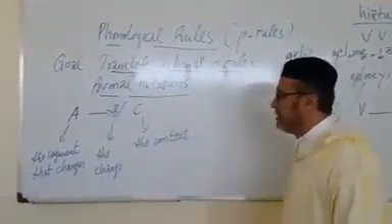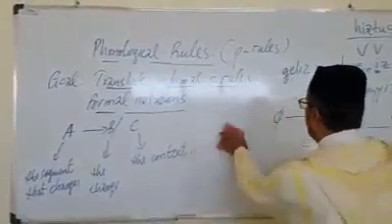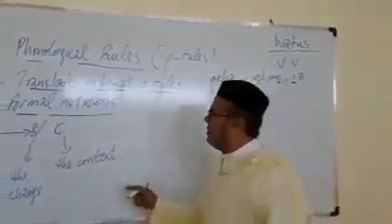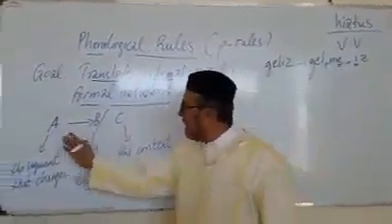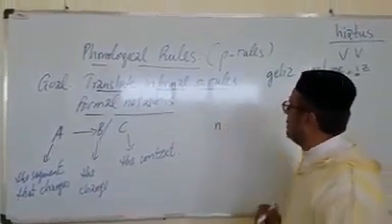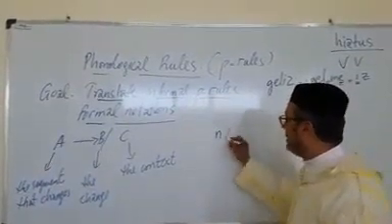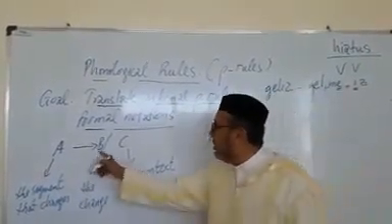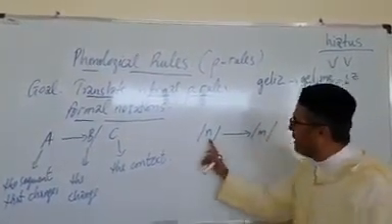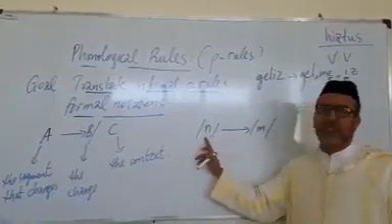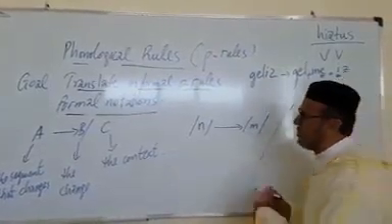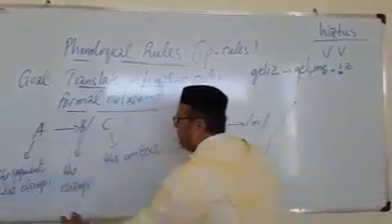Now let us take an example to illustrate the point. Let's take A as the sound n, and B as the sound m. So this is saying the alveolar nasal becomes bilabial. The slash separates the context from the change.